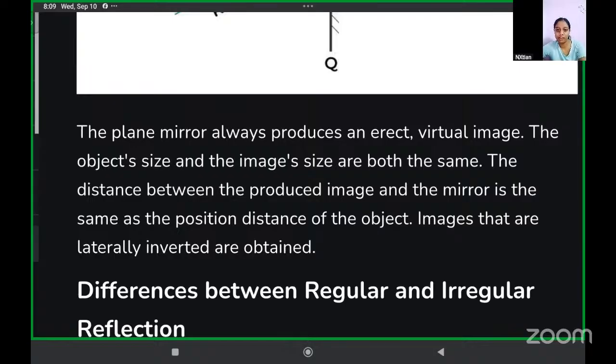Virtual images can also be the same size, but for real images there's also a difference in size.